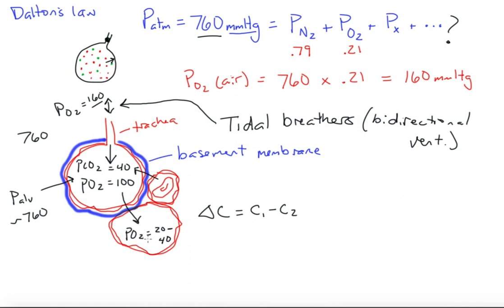And so these values are low PO2 values for blood, right? In other words, that is deoxygenated blood. It's not fully deoxygenated, but we use that term anyway.